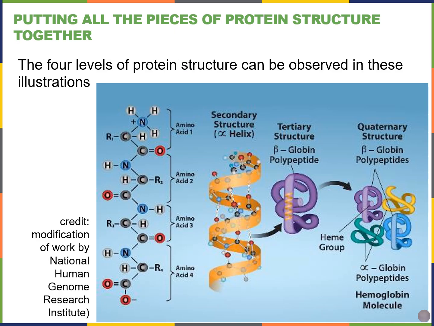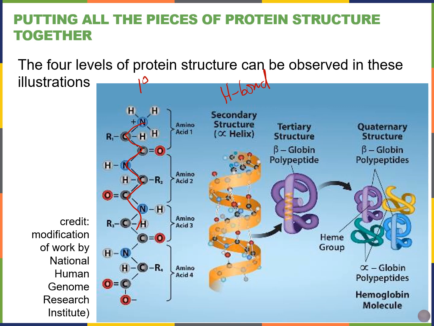This is a really nice figure to summarize those four levels of protein structure. We had primary structure, that linear sequence of amino acids created by the formation of the peptide bonds between the amino acids. We have our secondary structure, which is formed by hydrogen bonds in the backbone.